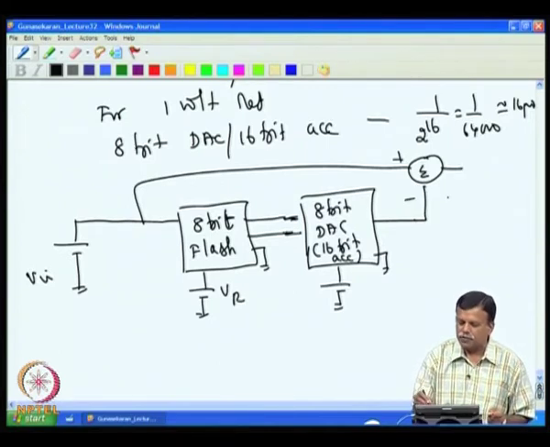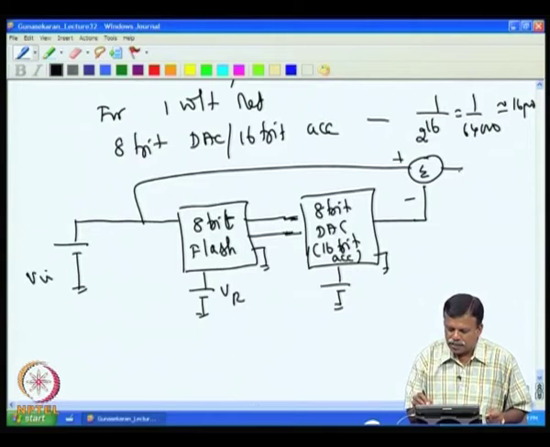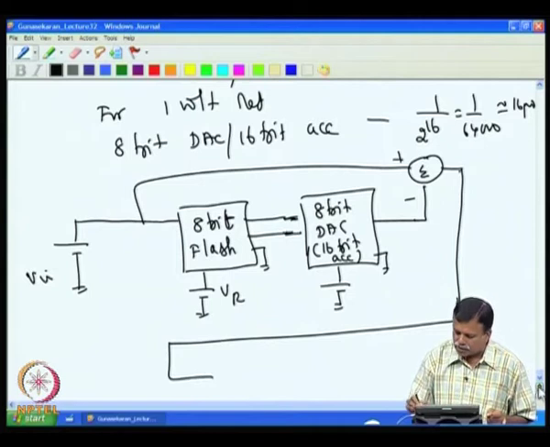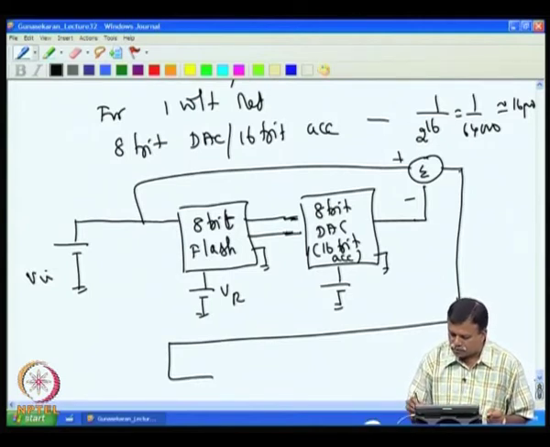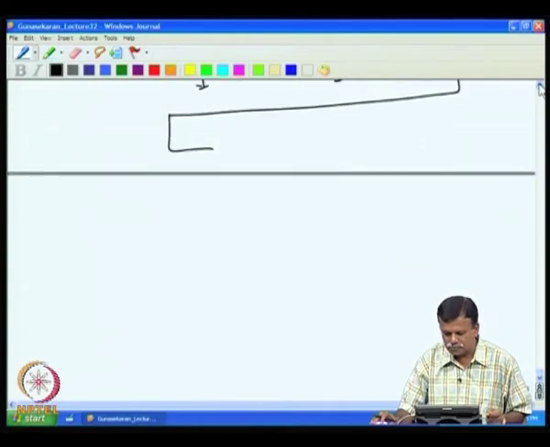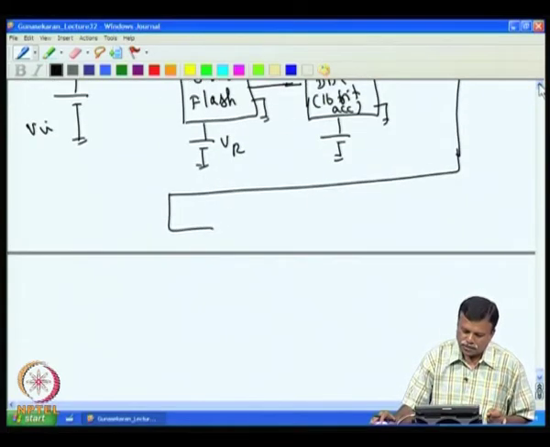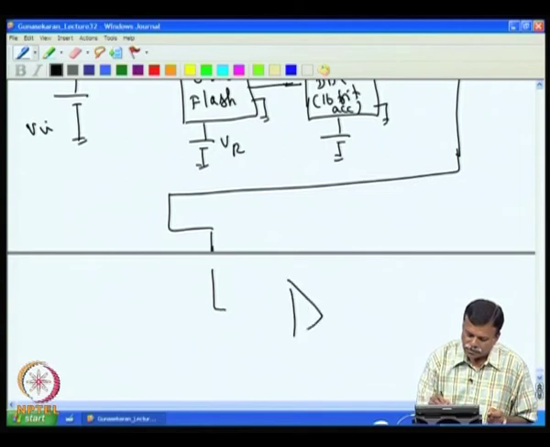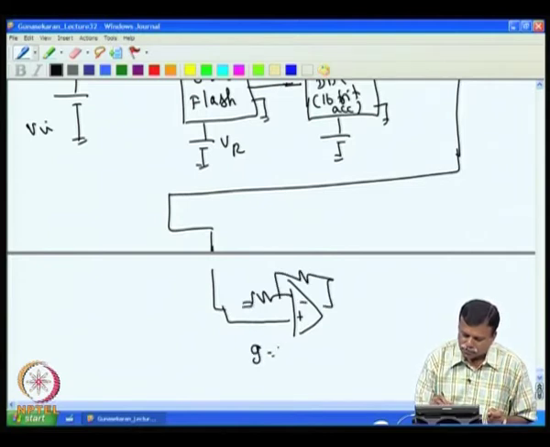The difference between the input and this appears here, and now I amplify this difference voltage. So, we will have the amplified voltage coming here. For another 8 bit converter, I need to amplify by 256 times, gain equal to 256.